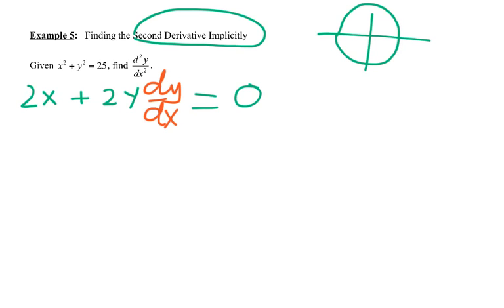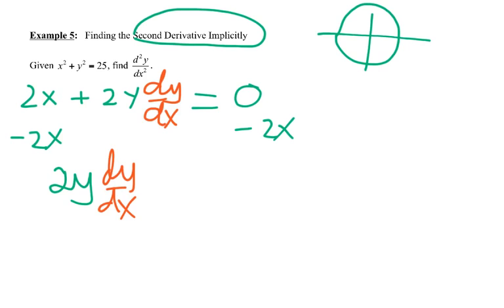Now we want to take the derivative again, but before we do that, we need to get dy over dx by itself. So move 2x: 2y dy over dx equals negative 2x, right?